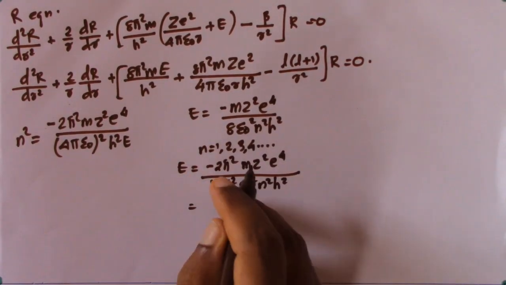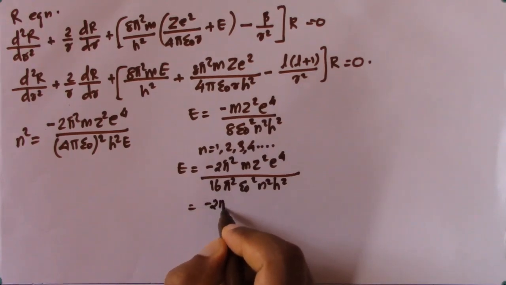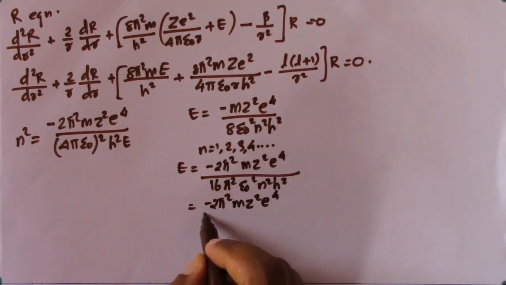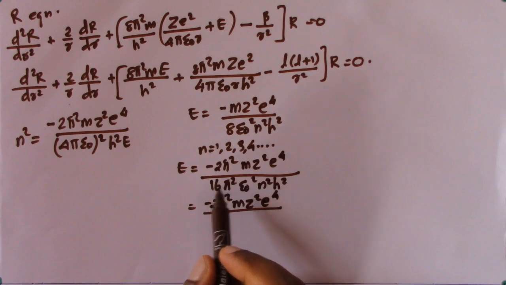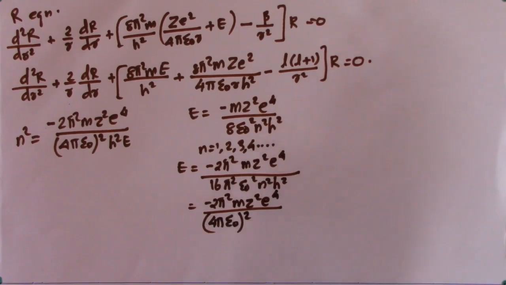Then I can simplify this again further, like minus 2 pi square m z square e raised to 4 divided by 16 pi square epsilon 0 square. How can I write this? 16 pi square epsilon 0 square, I can write it like 4 pi epsilon 0 the whole square, right?